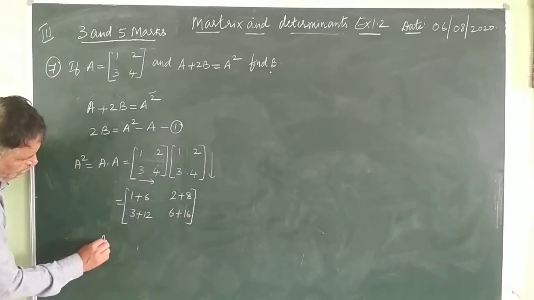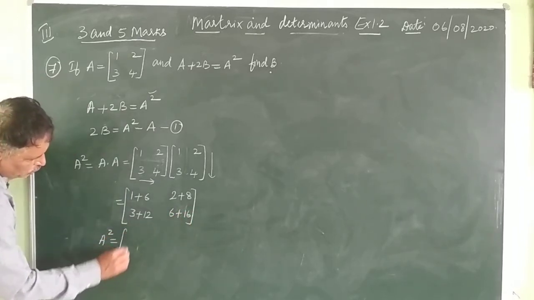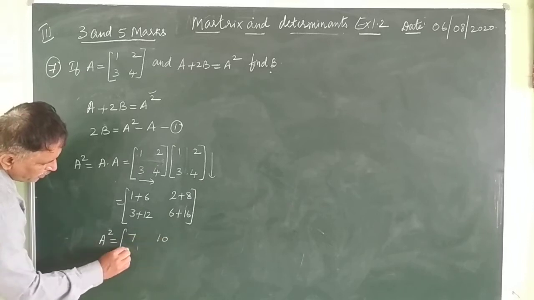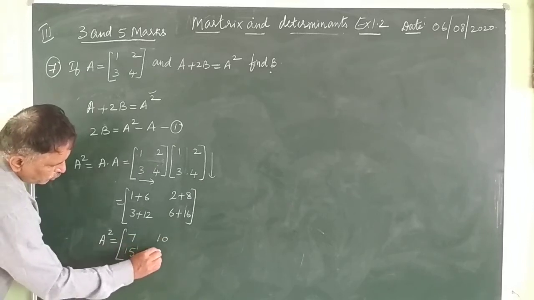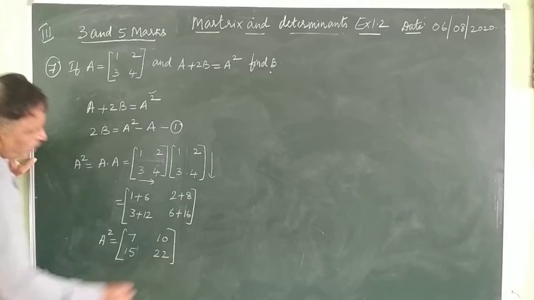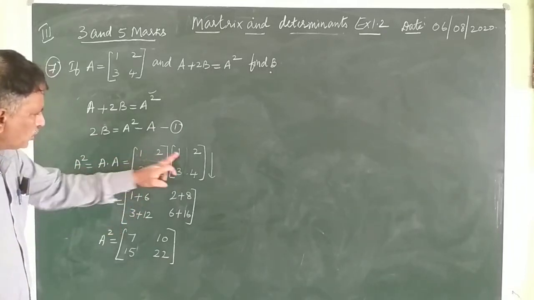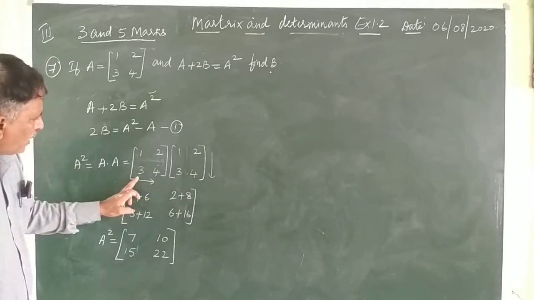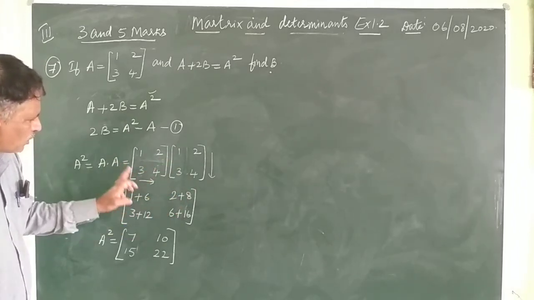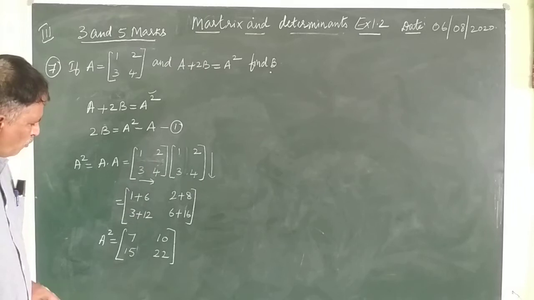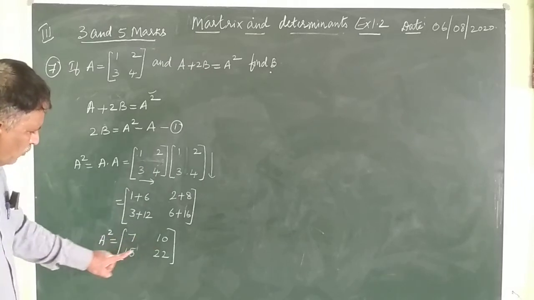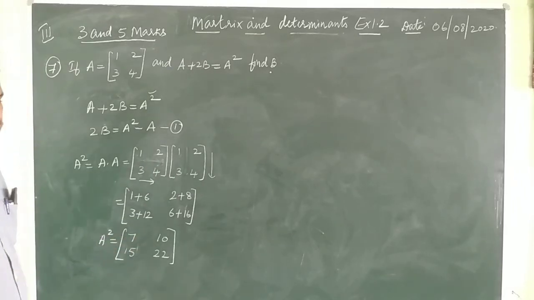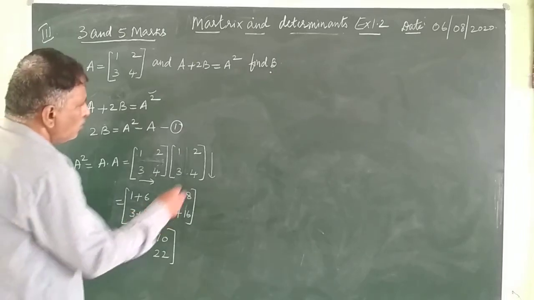So A square is equal to 7, 10, 15, 22. This is A square. A is already there.